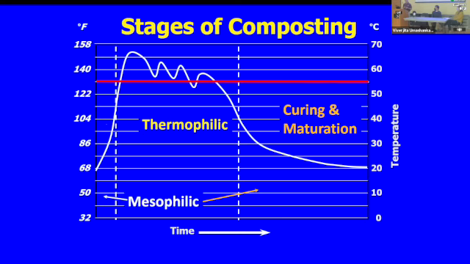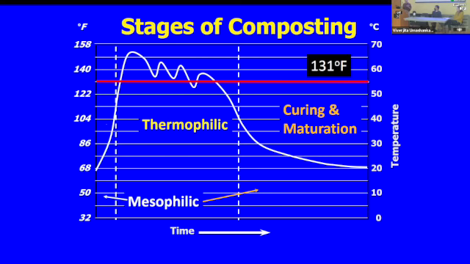Now there's a special temperature, 131 degrees Fahrenheit, that professional composters must achieve for certain times in order to ensure that pathogens, human pathogens, other animal pathogens that might be found in manures, and plant pathogens on our tomato plants and our other vegetation are destroyed, and weed seeds are destroyed.